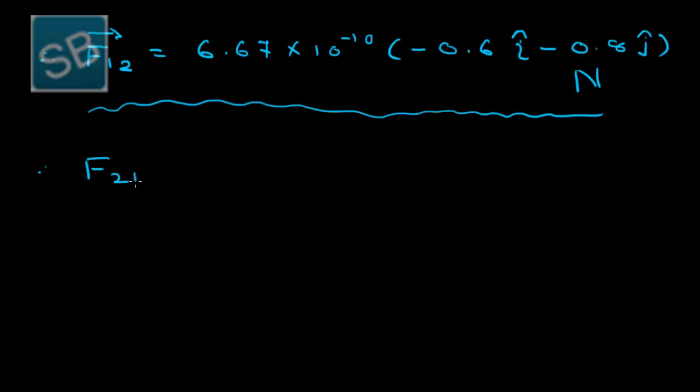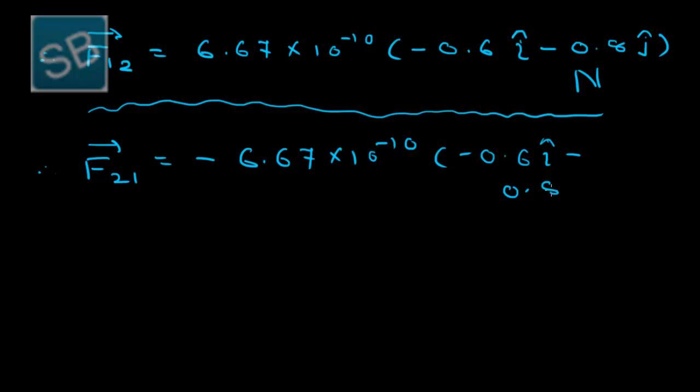Similarly, what will be the value of force on particle 2 by particle 1? So this is minus 6.67 into 10 to power minus 10 into (-0.6 i cap minus 0.8 j cap) Newton. And this minus sign I can now substitute in this equation.